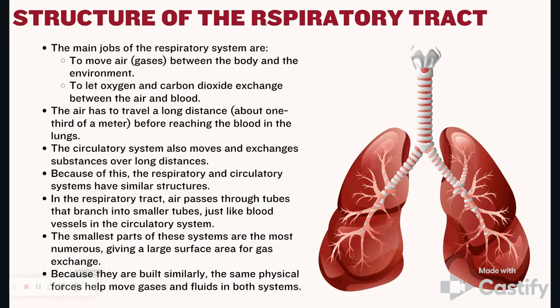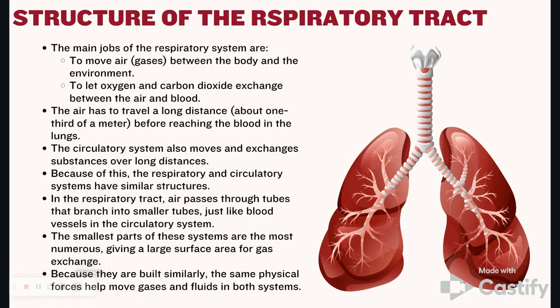So, a quick recap. The main job of the respiratory system is to move air between the body and the environment, to let oxygen and carbon dioxide exchange between the air and the blood. These are things that we already know. The air has to travel a long distance before reaching the blood in the lungs. The circulatory system also moves and exchanges substances over a long distance, which we already discussed.